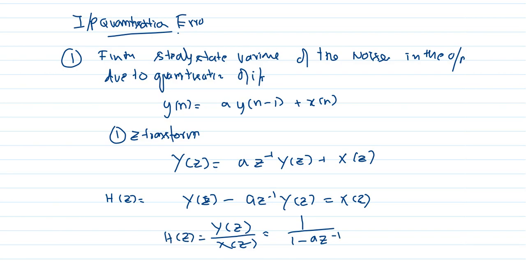Okay, now this is given h of z. H of z is 1 by 1 minus a z inverse. We want to find h of n.